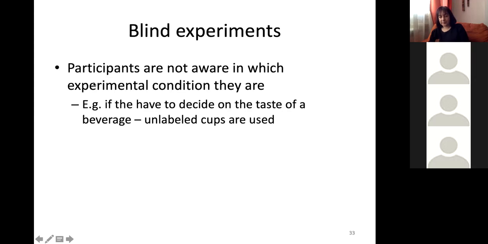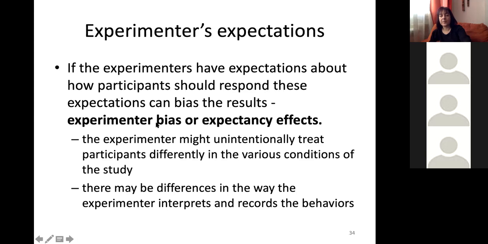And such experiments are called blind experiments if the participant is not aware which is the experimental condition that is going on. It is called a blind experiment. Like I said, using, for example, unlabeled cups or unlabeled pills and so on.